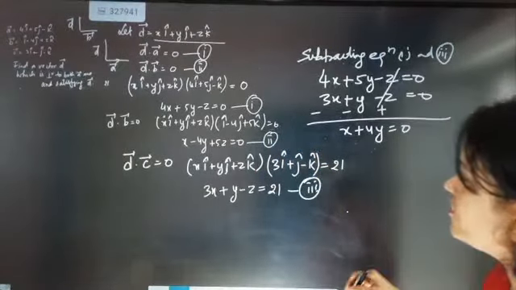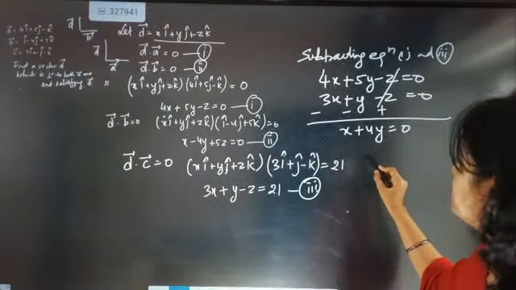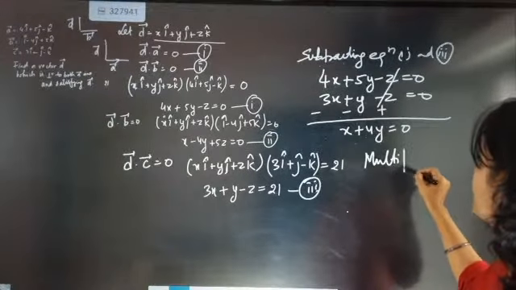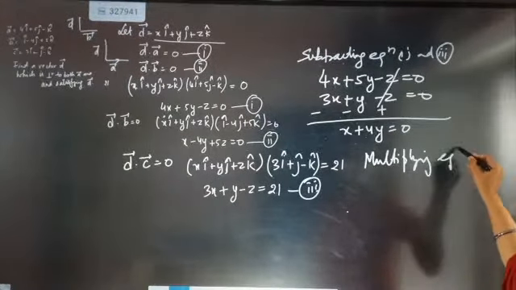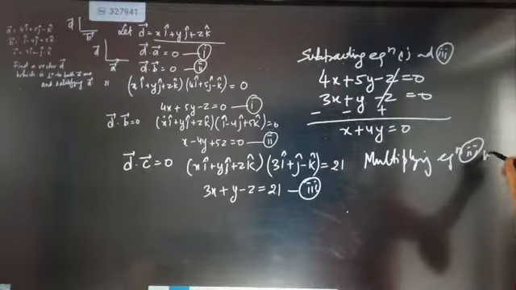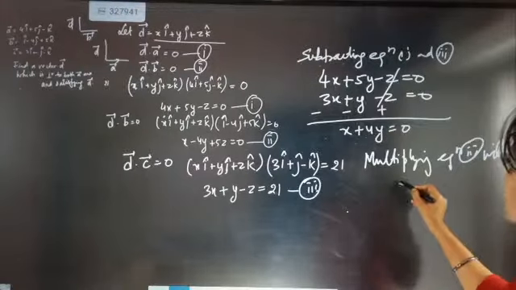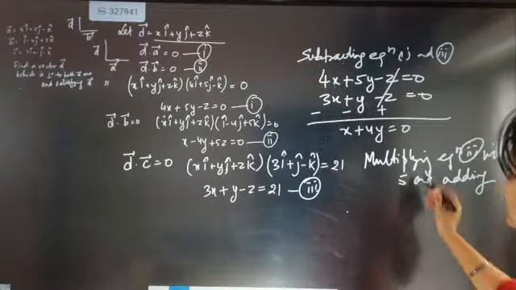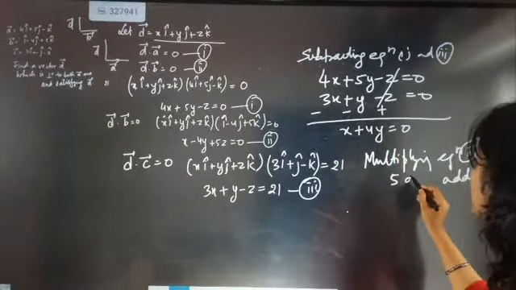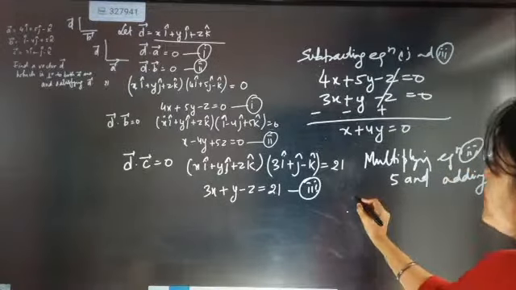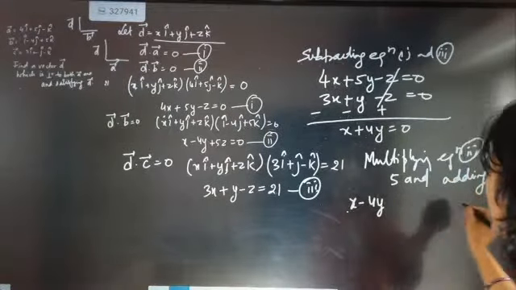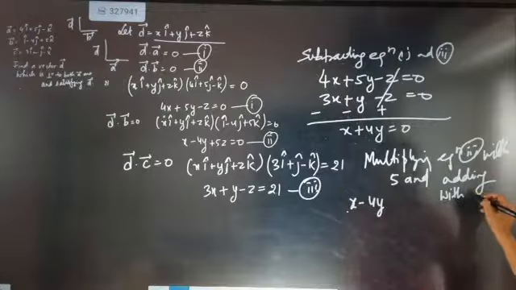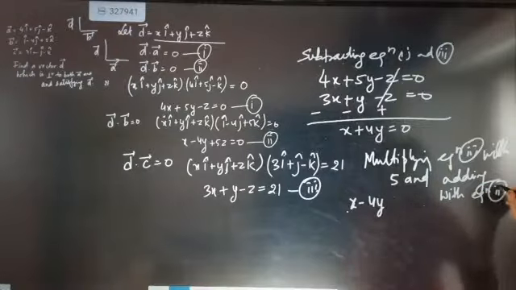Multiplying equation 3 with 5 and adding it to equation 2.